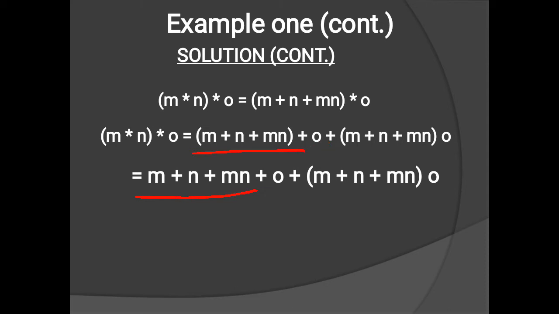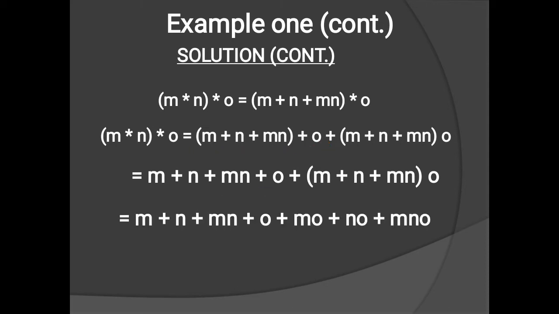So that is what we are going to see at the next slide. So m plus n plus mn plus o. Then o times m is mo. O times n is no. Then o times mn is mno.